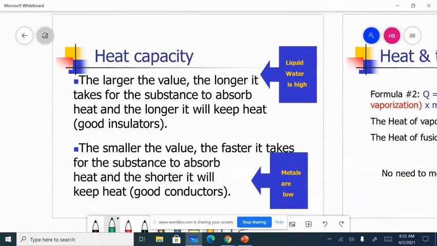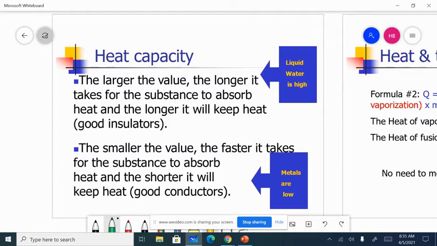So the specific heat capacity is going to be different for each substance. The larger the value, the longer it takes for a substance to heat up, the more energy you have to add to change the temperature. Liquid water has a high specific heat capacity, and things like metals have a low specific heat capacity.